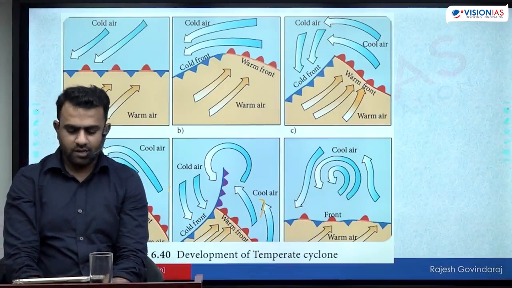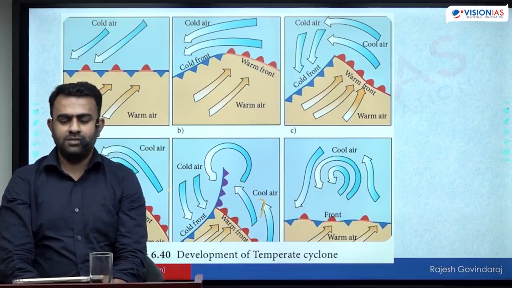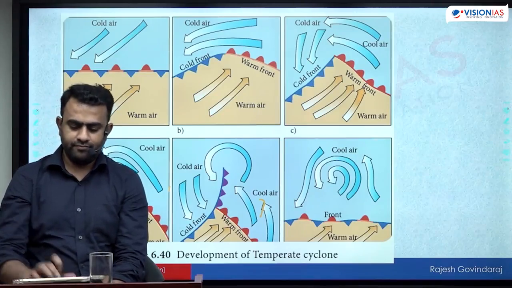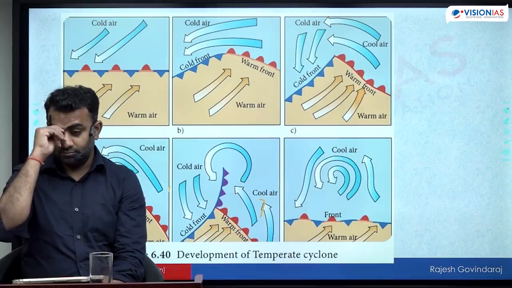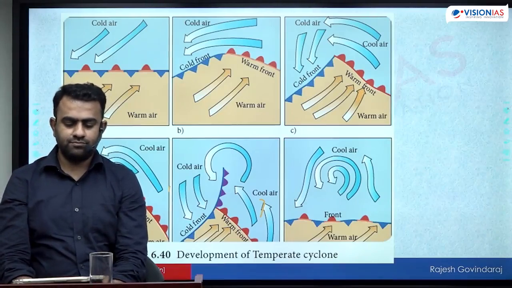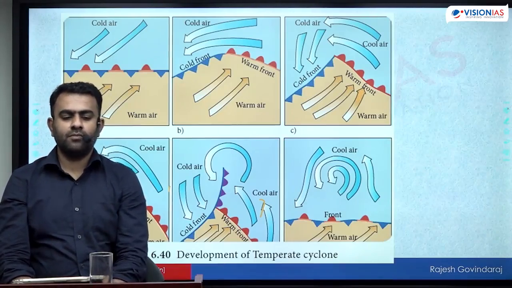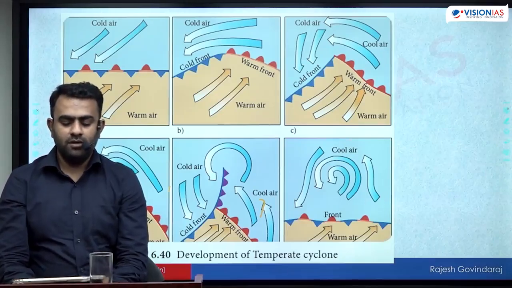And the cyclone dies out. ठीक है, 6 stages. Subheading: role of jet streams in temperate cyclones.